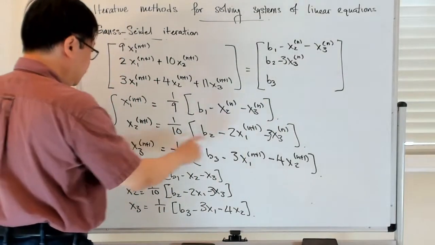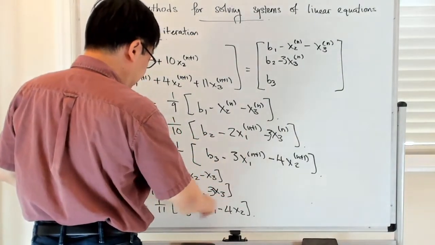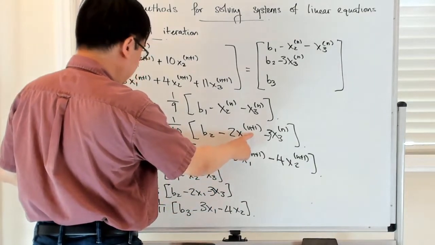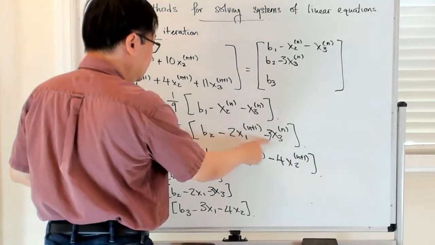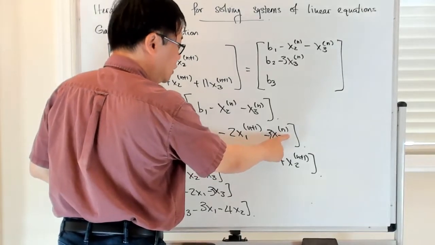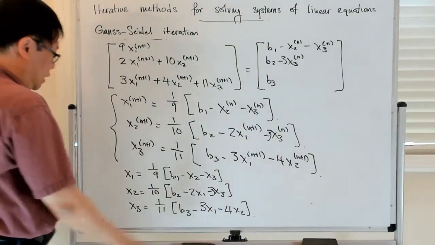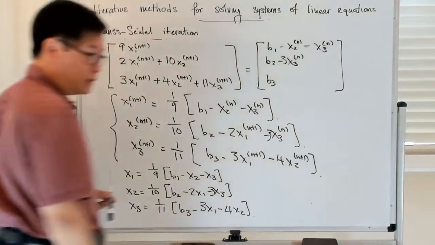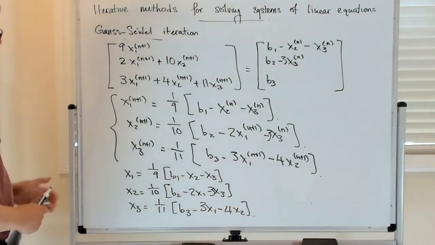But in the second equation, I know an updated value for x1, so I use the updated value instead. But x3 I don't know the updated value, so I use the older value. And for the third equation, x1 and x2 both have updated values, so I use those instead. So that's the main distinction.